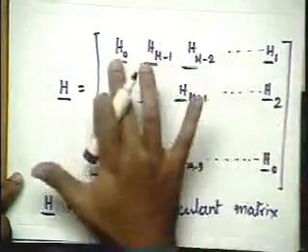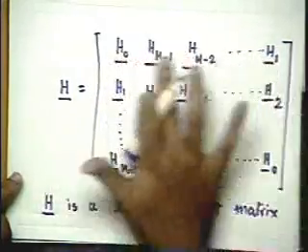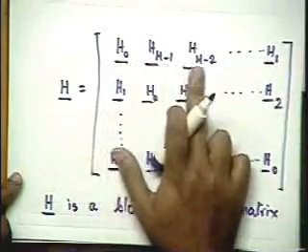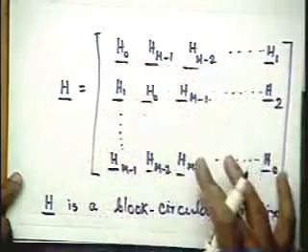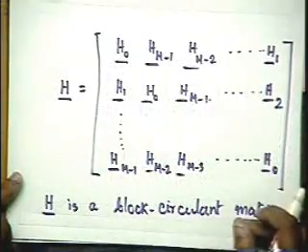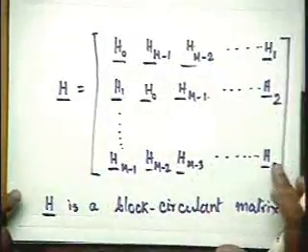What we have done is that we have assumed the image size as m by n. So that is why I wanted to put m rows in these block matrices, and that is why I have put H0, H(m-1), H(m-2), so that the x index is changing from 0 to m minus 1. Just to make it compatible with the image size, we did it that way.